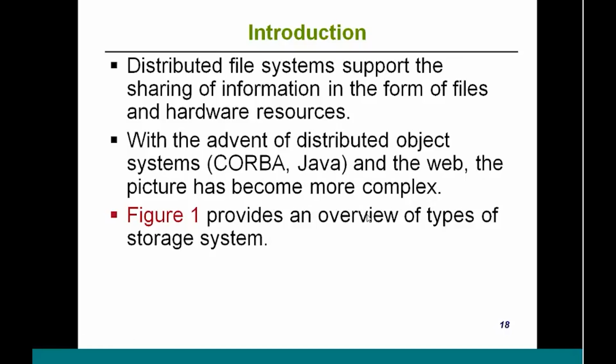A distributed file system supports sharing of information in the form of files and hardware resources. There are also distributed object systems like CORBA and Java and the web. The picture has become much more complex. What I mean is exactly the same thing: now your disk no longer resides in your computer, it resides far away. Maybe you are connected through a network to that particular computer and you know how to access it. What should be the name of that?